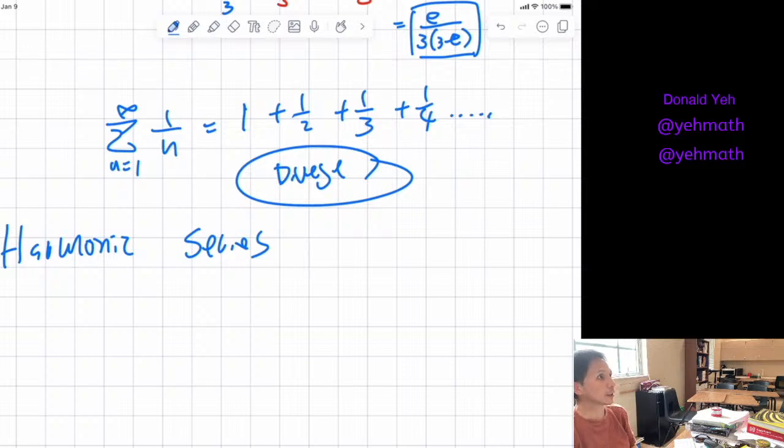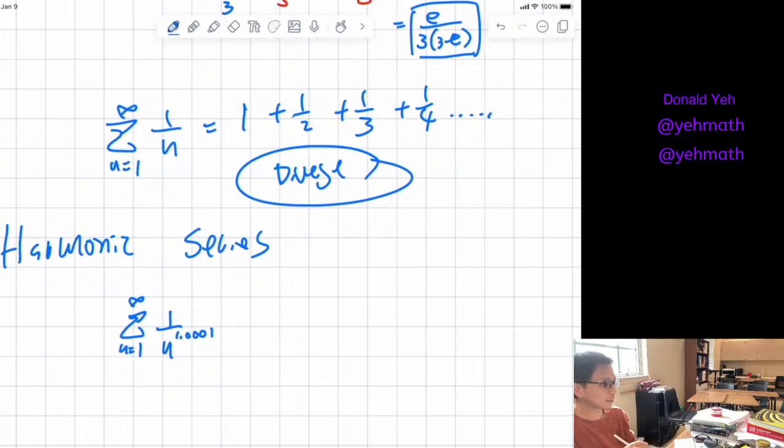Again, I'm gonna repeat. 1 over n to the 1.0001 converges. This converges because of something called the P series, but we're gonna talk about that later. So 1.001 converges. If it's 1, then it diverges. If it's less than 1, it diverges.